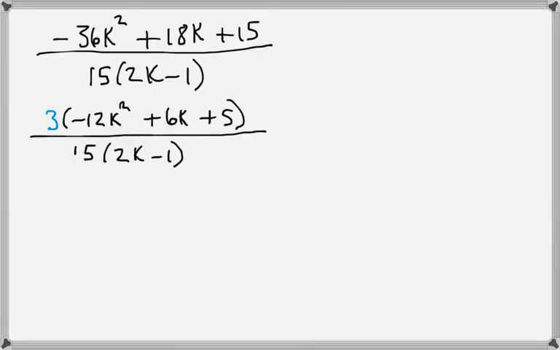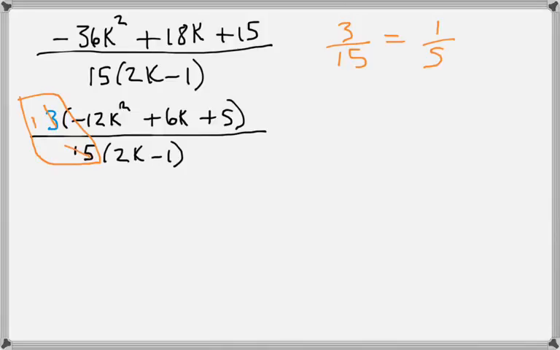Now we can look at our numerical fraction here of a 3 over 15. If we think back to simplifying fractions, I can divide top and bottom by 3, and that's going to simplify to a 1/5. So this essentially kills each other out, becomes a 1.